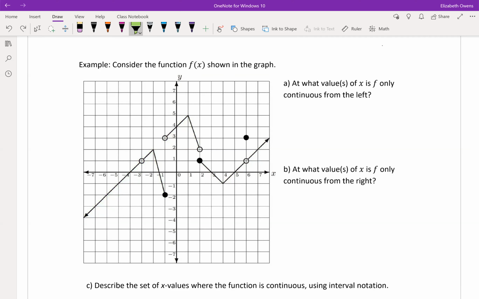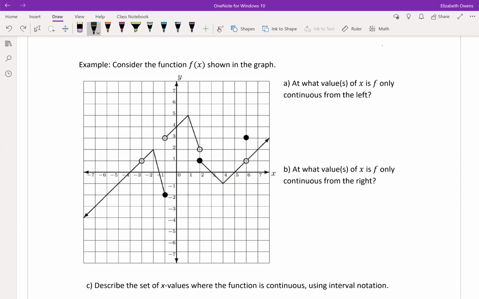Various types of discontinuities in here. But what we're going to be looking at is continuity, starting with continuity from the left. So, at what values of x is f only continuous from the left? So, not overall continuity, but only continuous from the left.